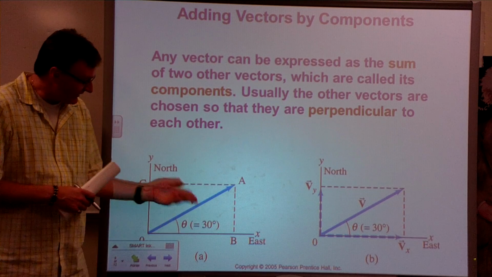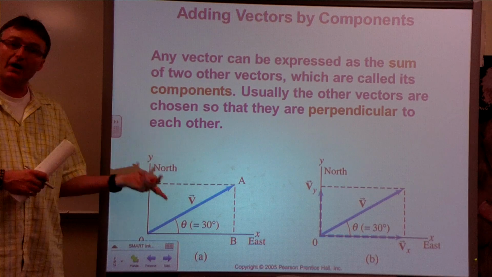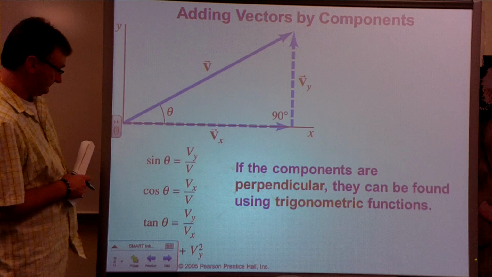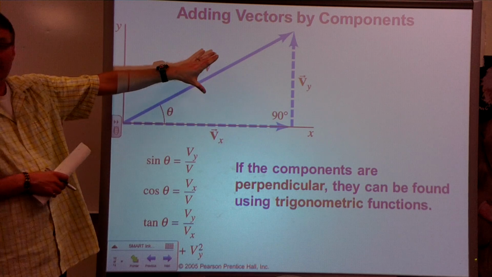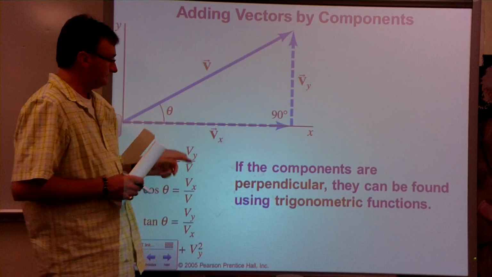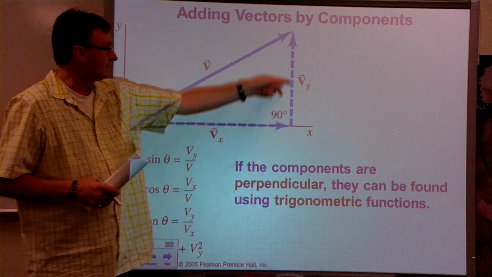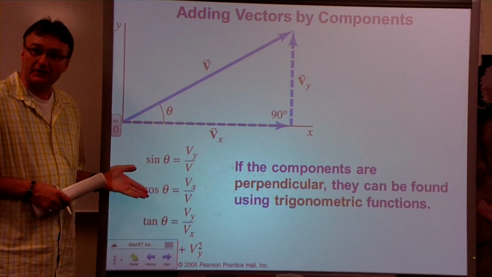When you get the components, it's easier to add two vectors together if they're not at right angles. Here's another example of putting a vector into its components. If this is our original vector, this would be the x component and this would be the y component. They are easy to find using your basic trig ratios.